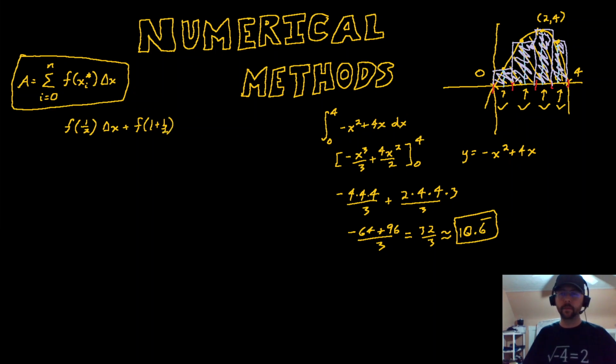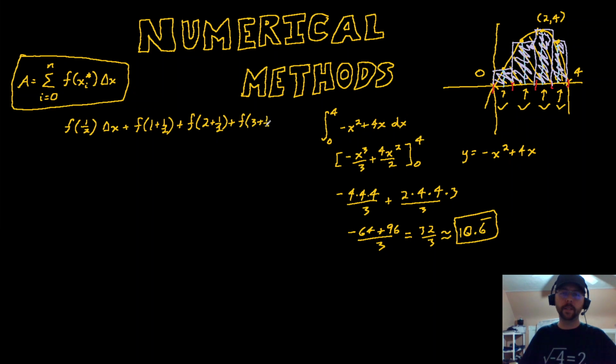This was technically 0 plus a half. Plus f of 2 plus a half. Oops, I was supposed to say half. Plus f of 3 plus a half.